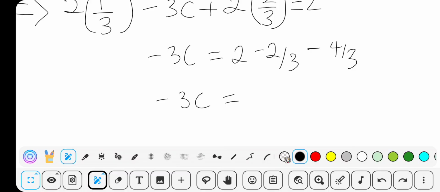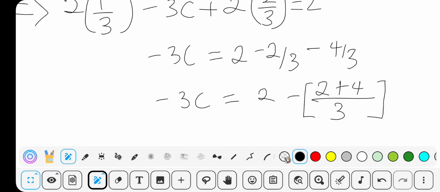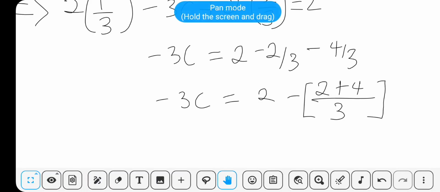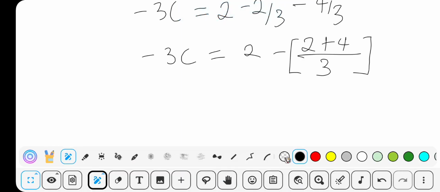Let's do it. With LCM 3, this will be 2 minus 6 over 3, 6 divided by 3 is 2, and 2 minus 2 is 0. So you can see we are accurate. And therefore c is equal to 0.